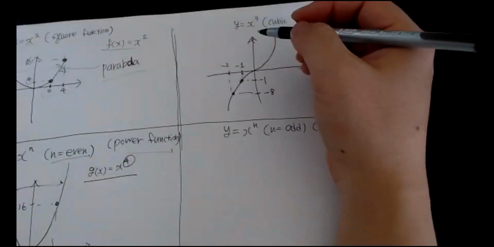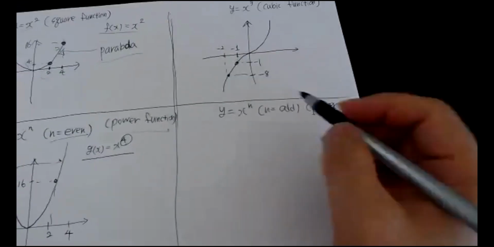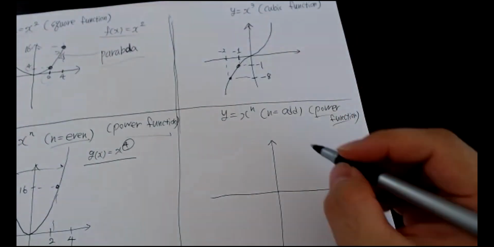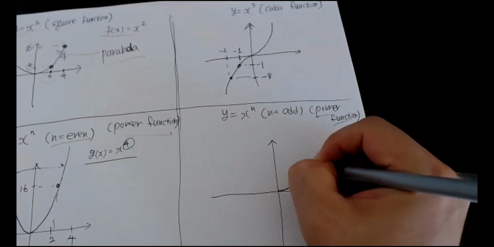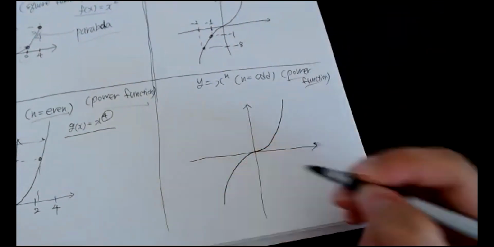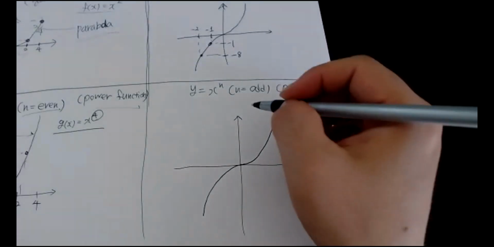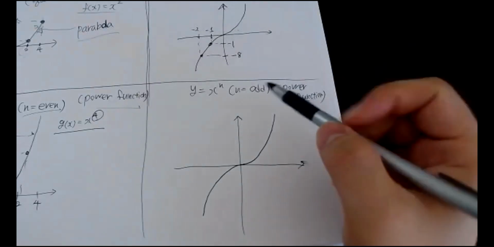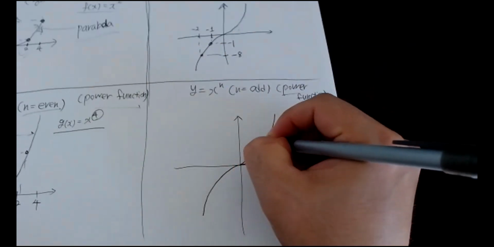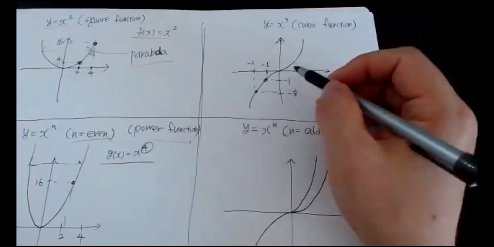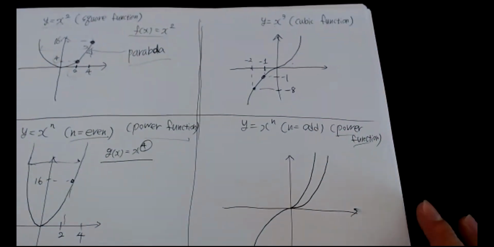So now, when the power is odd, the graph is like this, and then like this. It's still similar to this, but the shape is not a parabola. Okay, this kind of graph is not called a parabola. Keep this in mind.